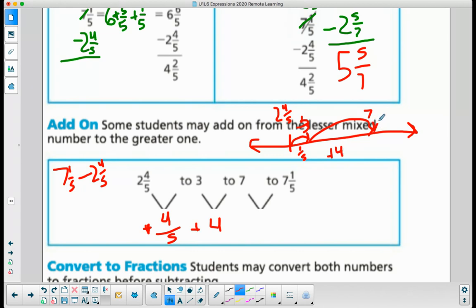And now I'm going to go up to 7 and 1/5, which is going up 1/5 more. So going from 7 to 7 and 1/5 is going up 1/5. So 4/5 plus 4 plus 1/5 is 4 and 5/5.